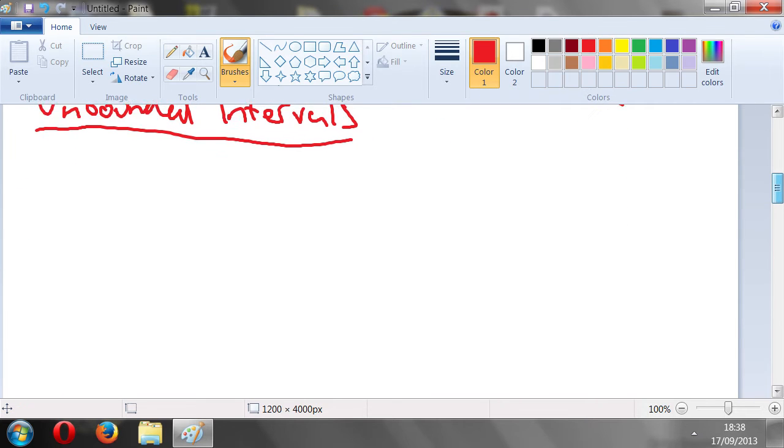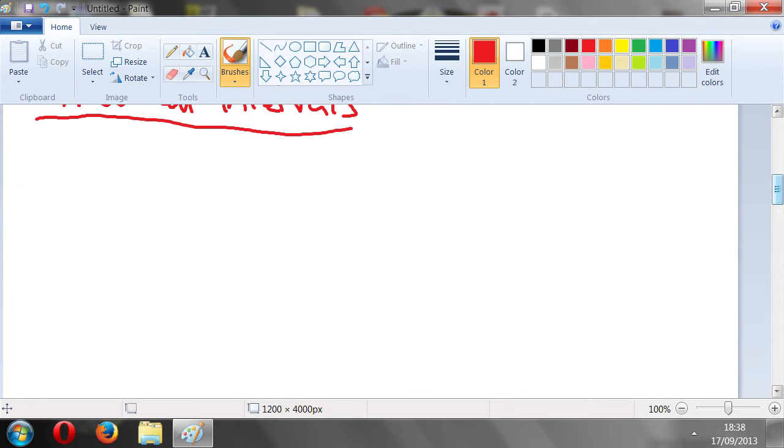So unbounded intervals. What we're going to do is use infinity here. For instance, say we have a closed end here. We're going to go from A to infinity. Now, infinity will always have a parenthesis because it's always an open end, because you can't close infinity because it's not a real number.